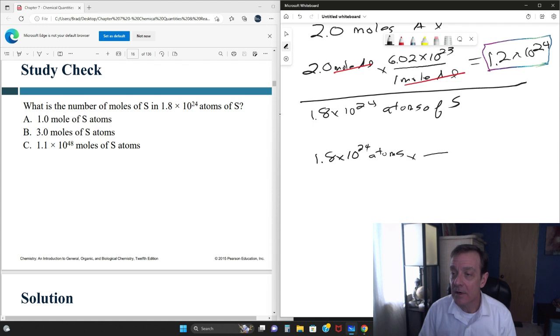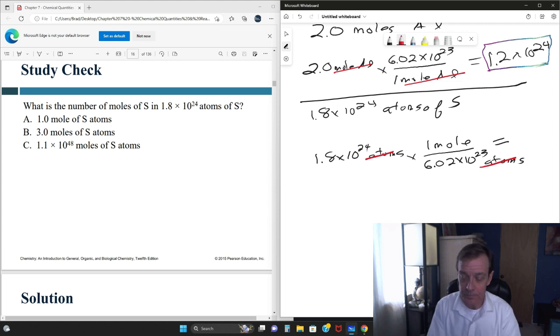We're given 1.8 times 10 to the 24th atoms. Set up our conversion, so 1 mole is equivalent to 6.02 times 10 to the 23rd atoms. Make sure that we cancel these out. Atoms cancel out, leaving us with the number of moles.